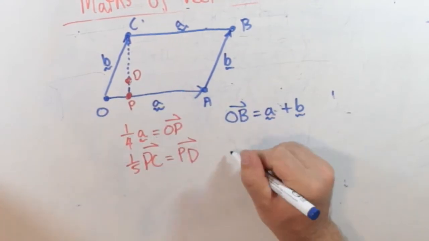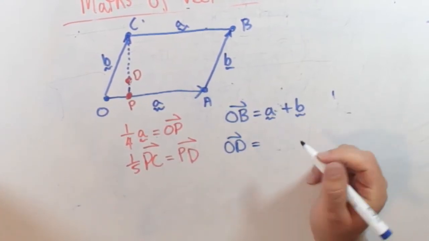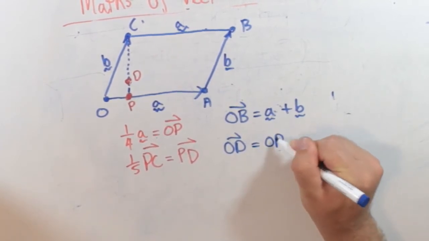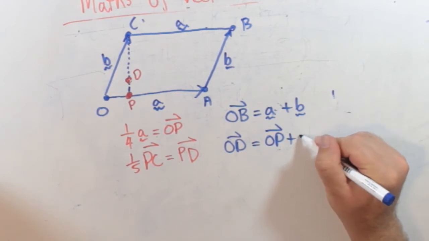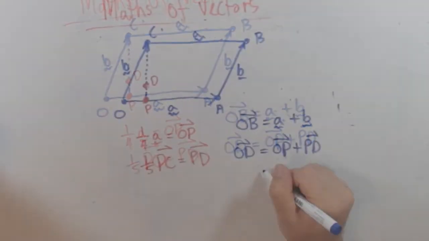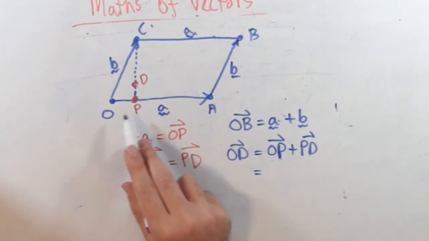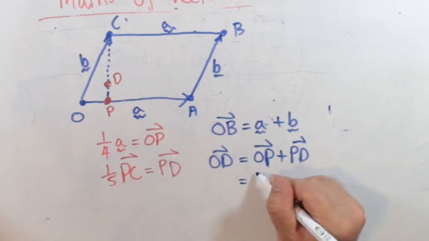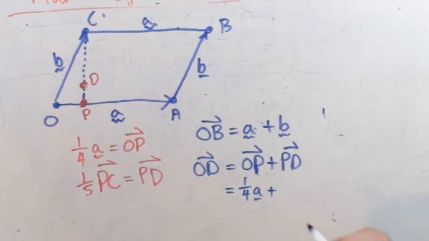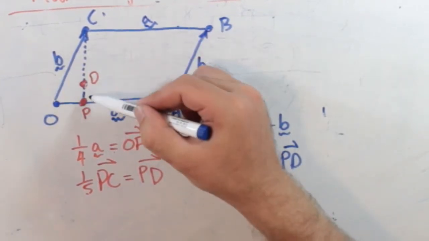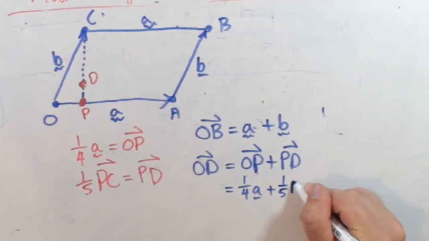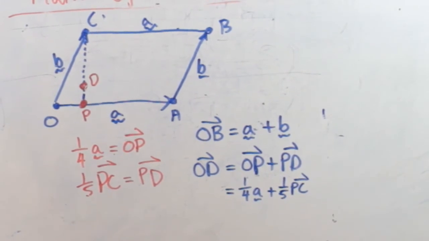Well, OD is the same as OP plus PD. We already know OP is a quarter of the way along OA. So we've got a quarter of a, plus 1/5 of the way along P to C.